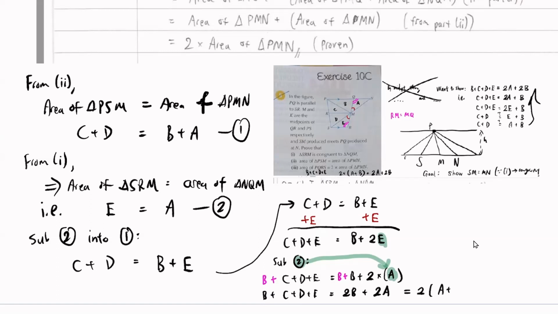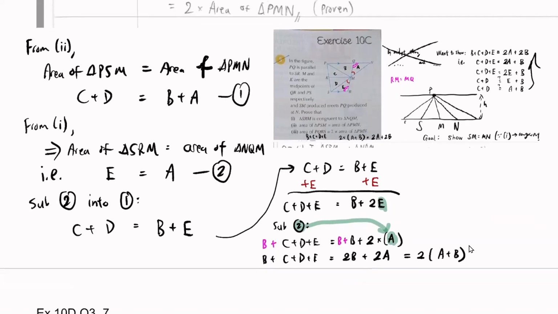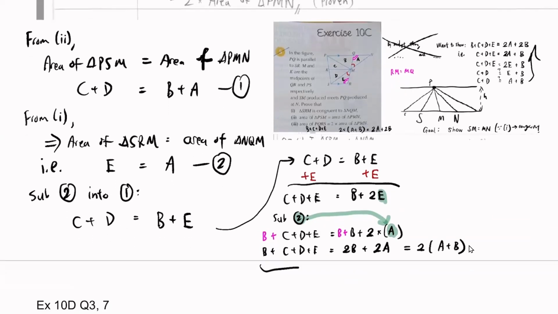I'm left with A plus B. And then finally, how did we even end up with the 2 bracket A plus B in the first place? Oh, that's what the question wanted, right? This is exactly the same as what the question requested for, area of PQRS. And the 2 times of A plus B is 2 times of area of triangle PMN. Is that okay?